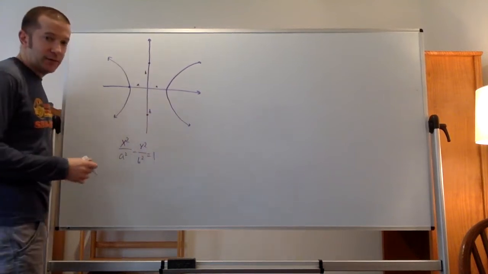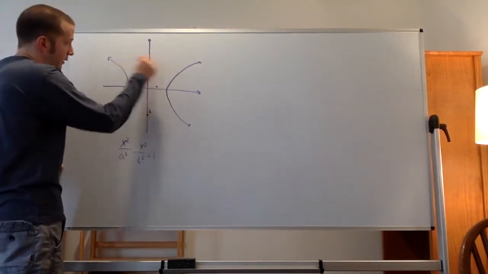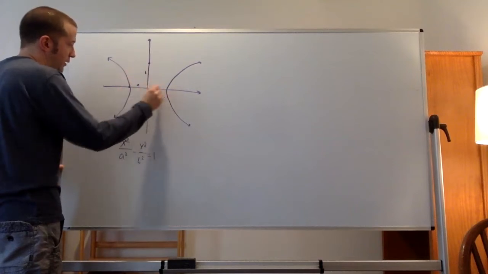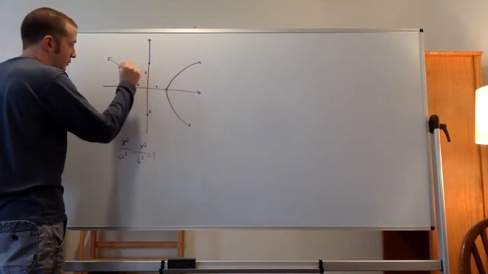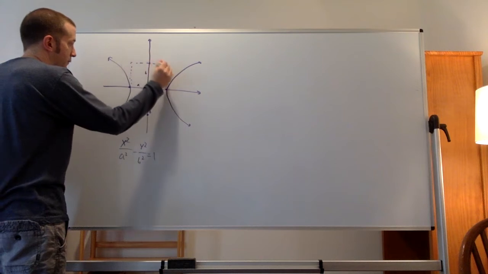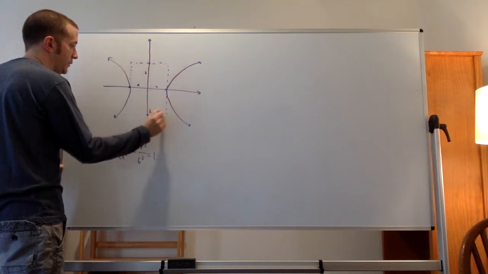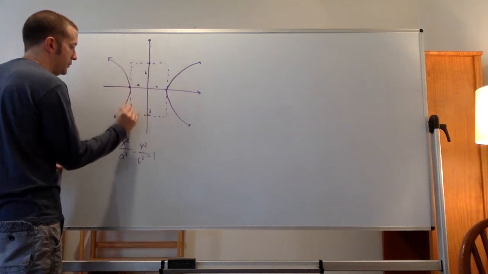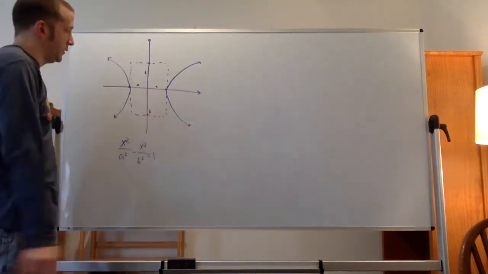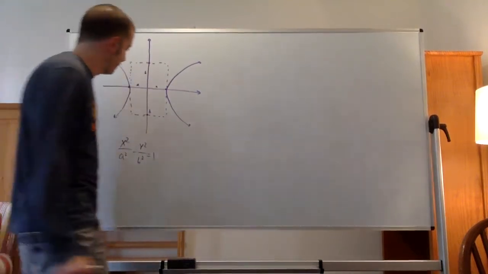Then we draw a rectangle where the top and bottom go through these points, and the two sides go through these points. Let me show it. I tend to draw this as a dotted line because the rectangle is not actually part of the hyperbola. It's just a box we use for reference.